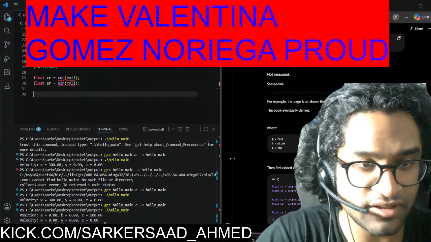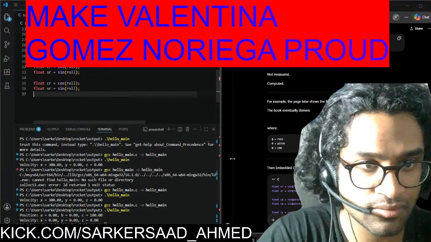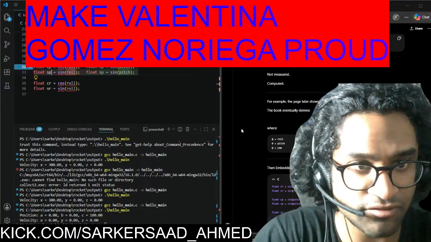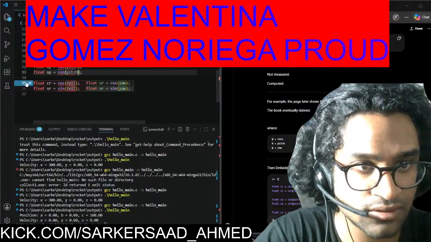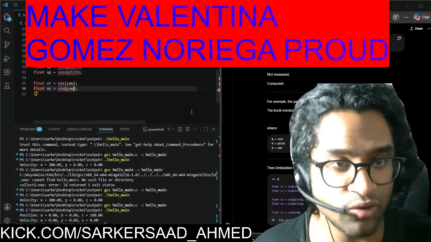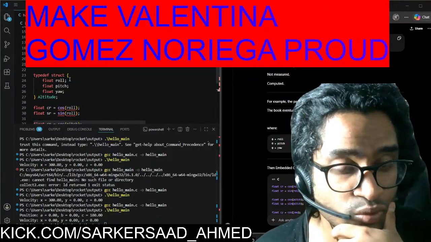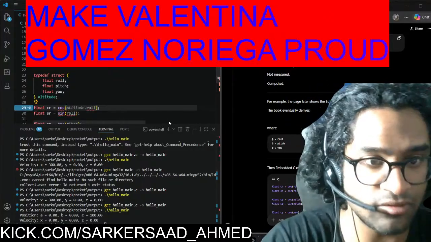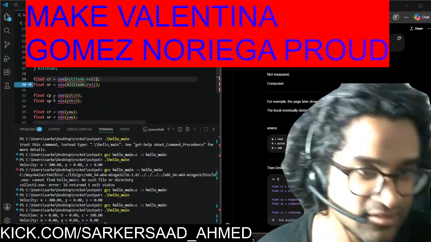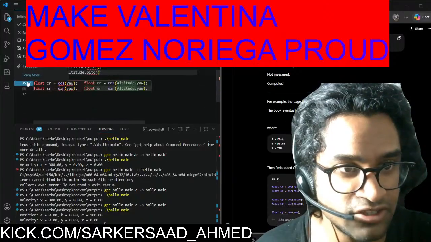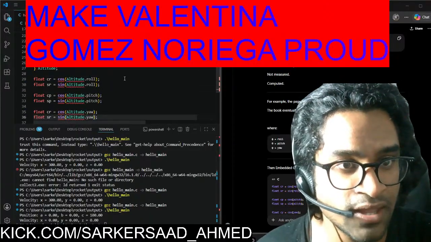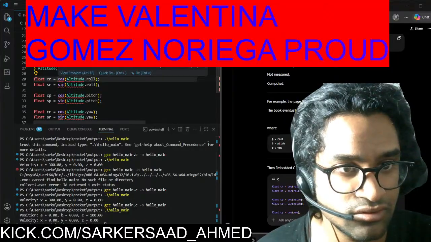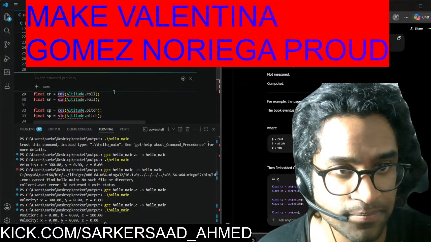We're going to do the same for cosine of pitch, sine of pitch, and for yaw. Now we do have roll, pitch, and yaw. This will be altitude dot roll, altitude dot pitch, altitude dot yaw. And would this also be altitude? Quick fix.